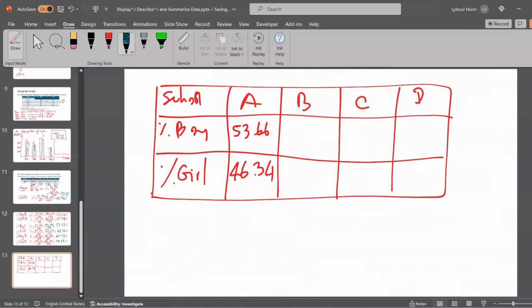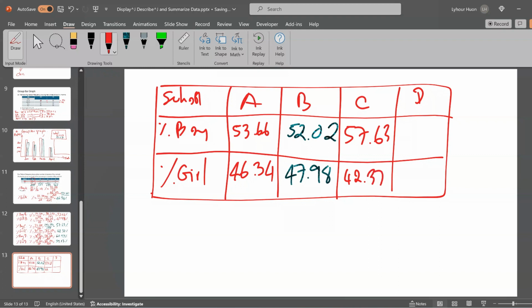So for B, it will be 52.02, girls is 47.98, while C is 57.63 and this is 42.37, and D is 60.97, while girls for D is 39.03.